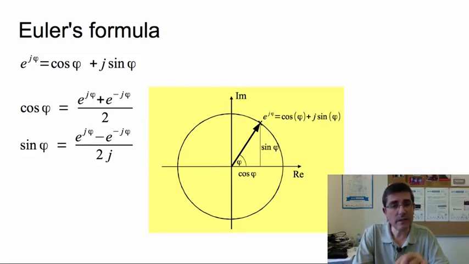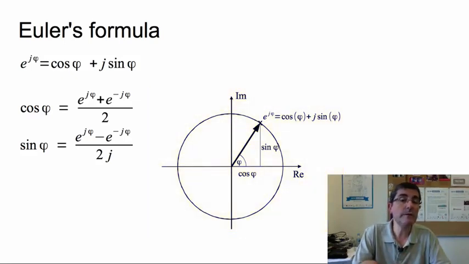So we see the complex value as e to the j phi, which since it has magnitude 1 is in the unit circle, and we can see the real part and the imaginary part, the real part being cosine phi, the imaginary part being sine phi. So this formula will be fundamental to understand the discrete Fourier transform. So we will come back to it later.